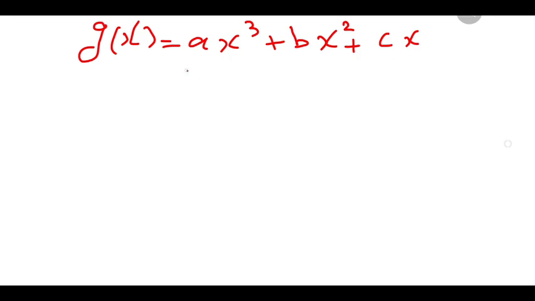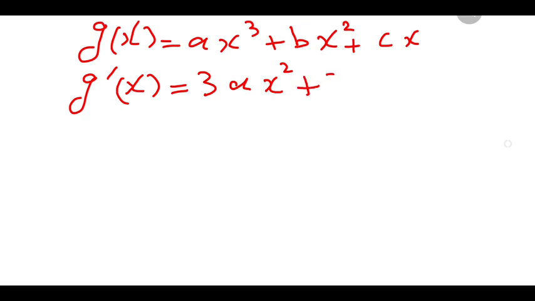So the first derivative of g is going to be 3ax^2, differentiating with respect to x, plus 2bx plus c. This is the first derivative of g of x.